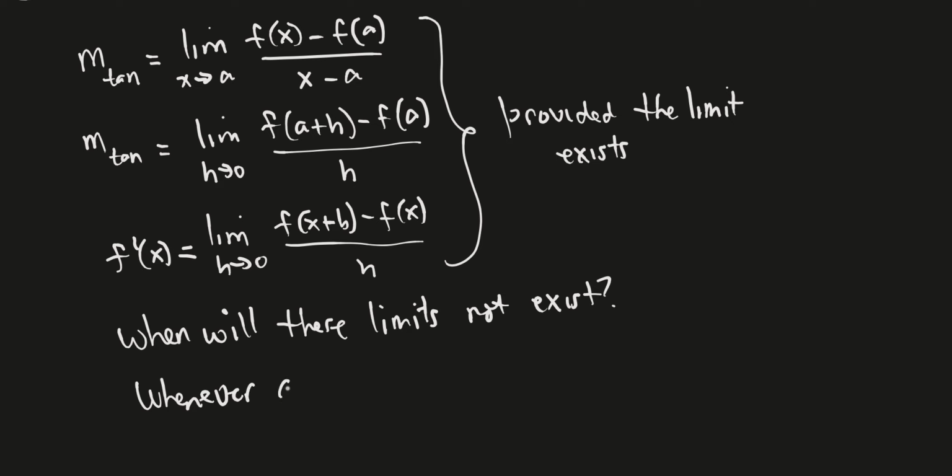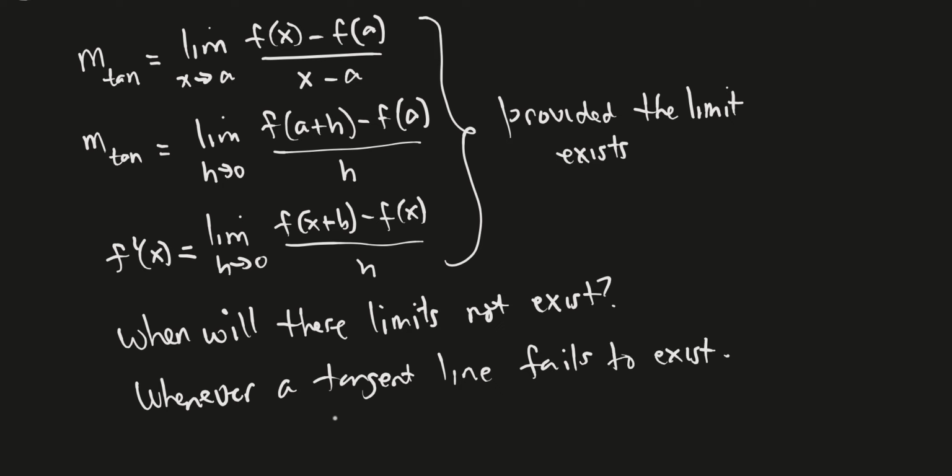whenever a tangent line, because that was our starting problem, to find the slope of the tangent line, whenever a tangent line fails to exist.